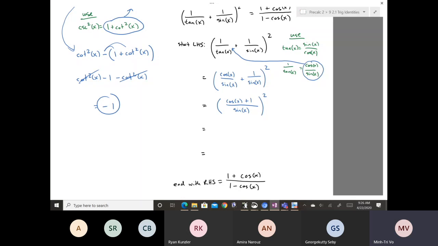And okay, so now where can I continue from here? Well, when you square a fraction, that means you're squaring both the top and the bottom. Right, so what do I have? So it's cosine of x plus 1 squared over sine squared of x.